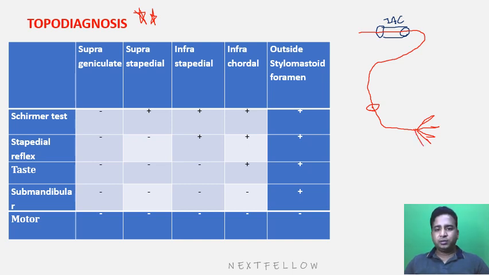This much we have understood. This is the stylomastoid foramen, and this is my first genu. So this is, suppose, my first branch, that is the GSPN.